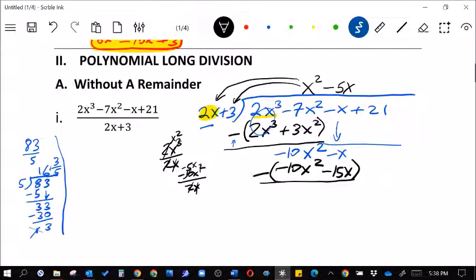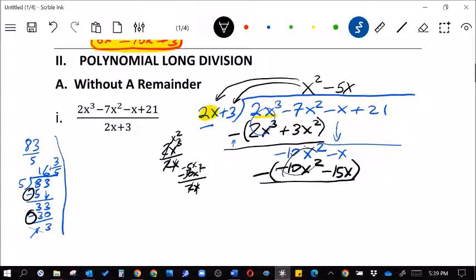Parentheses and subtract. Just like we subtracted over here when we did division with numbers, we're also subtracting here when we're doing it with polynomials. So negative 10x squared minus a negative makes that positive 10x squared, so these cancel out. And then now I have negative x minus a negative 15x.